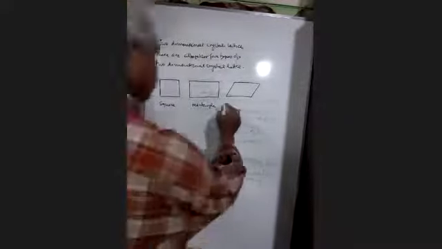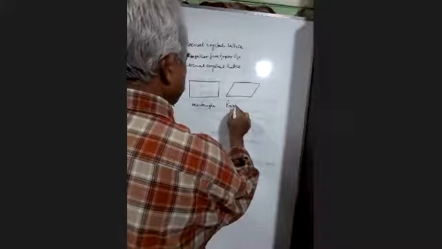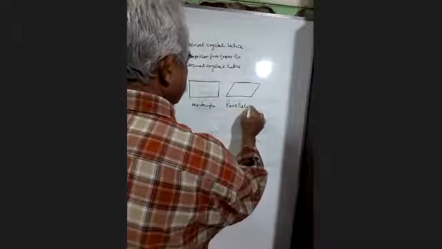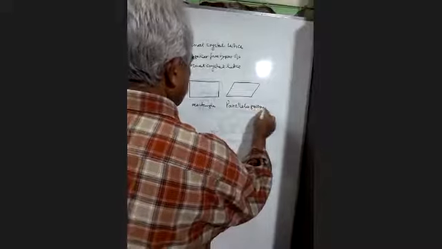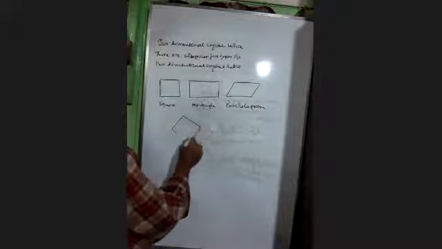This square, this rectangle, what do you call this one? Hello? Can you hear me? Parallelogram. Yes, we call it parallelogram. What do you call this one? Rhombus.